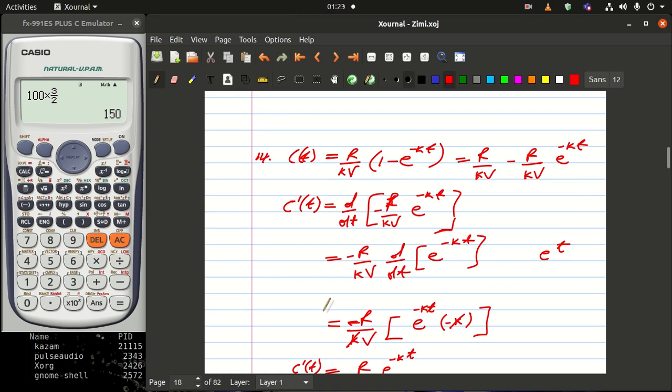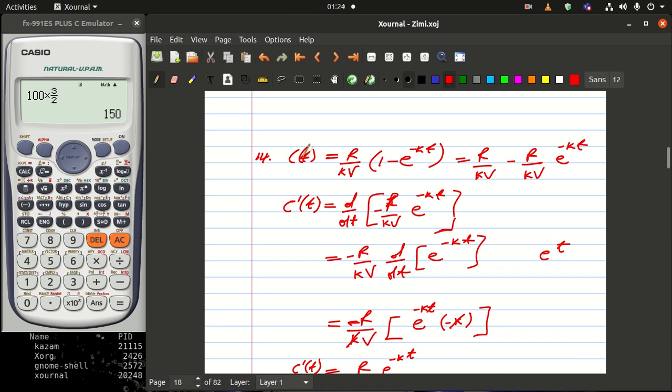Why are we saying the rate of increase? Is this an increasing function or a decreasing function? If you look at this function here, the exponential term is decreasing, it keeps going down, and so we are subtracting smaller and smaller values from 1, so the whole thing is actually increasing.